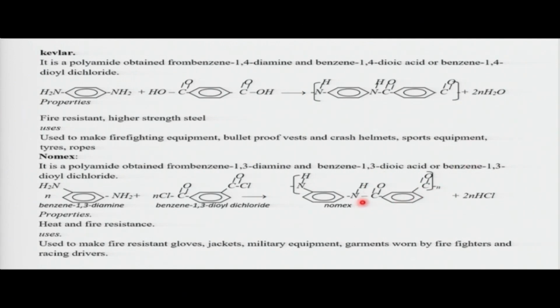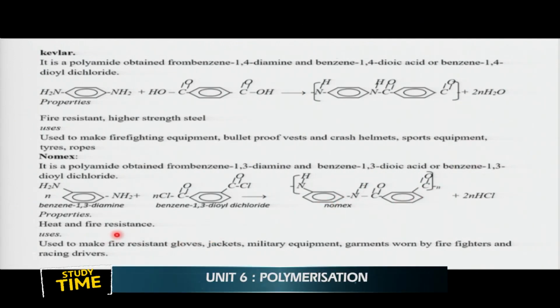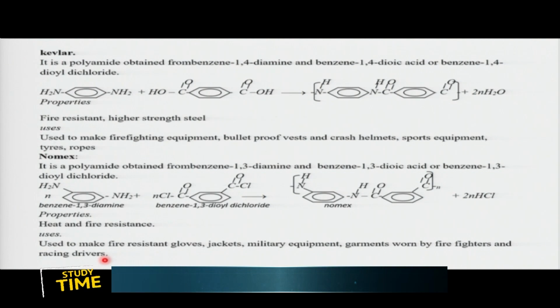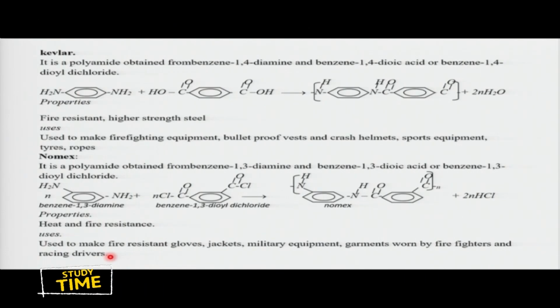So this is Nomex, our polymer. Also it's known for its heat and fire what? Resistance. So it is used in making fire-resistant gloves, jackets, military equipment, garments worn by firefighters, and racing what? Drivers. Because when drivers are racing, sometimes they have a risk of having, for example, fires. So it's also good to have these jackets and dresses.